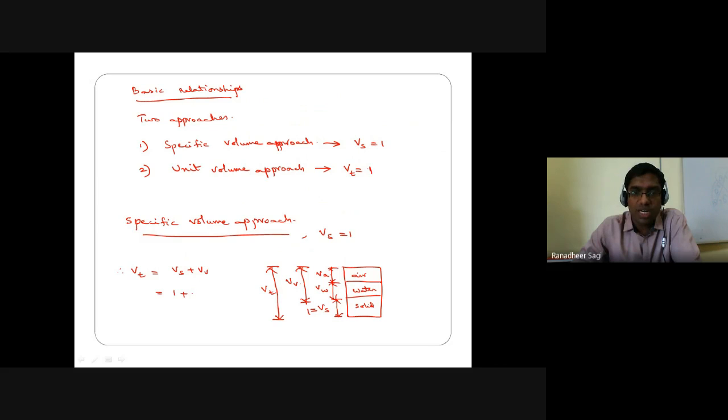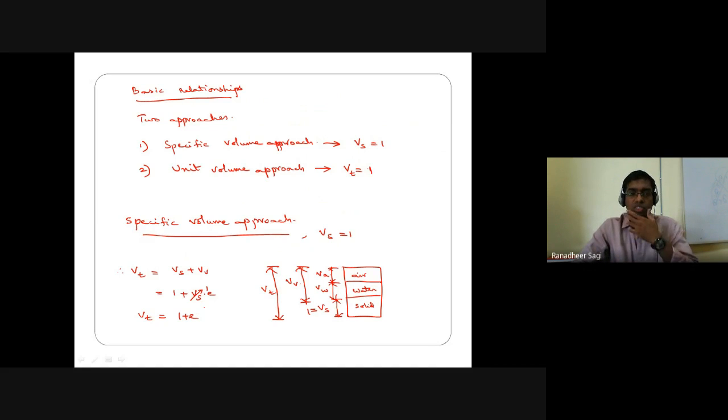Volume of voids is volume of solids times the void ratio, and volume of solids, once again, I can substitute as 1. Therefore, the total volume of the soil I can write as 1 plus e.